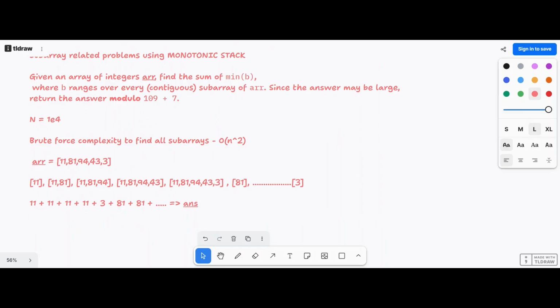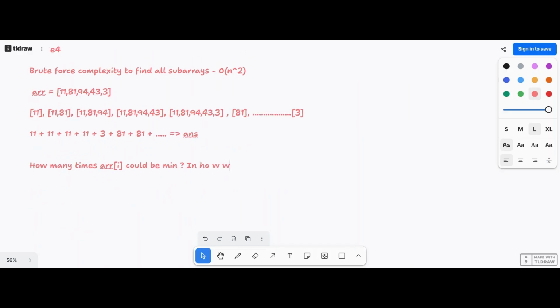Can you find a way to see when 11 can be the minimum, and how many times? We need to find in how many subarrays array of i would be the minimum.